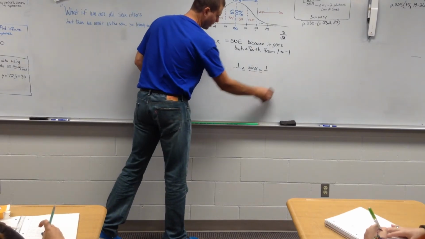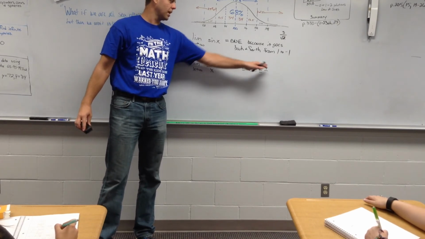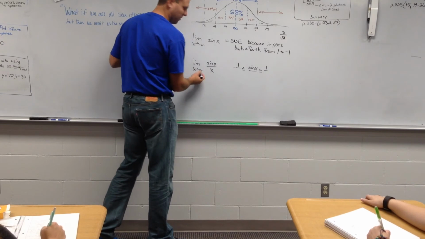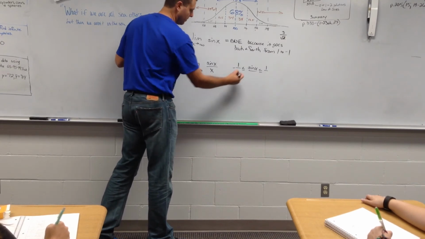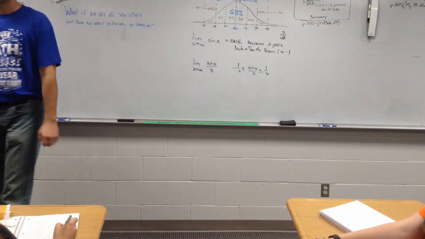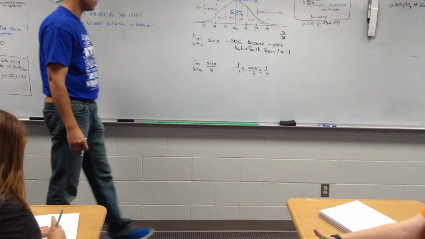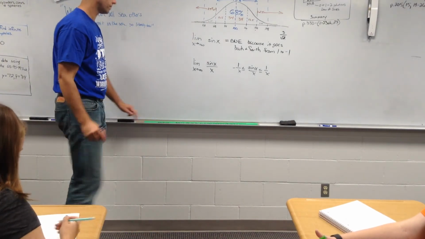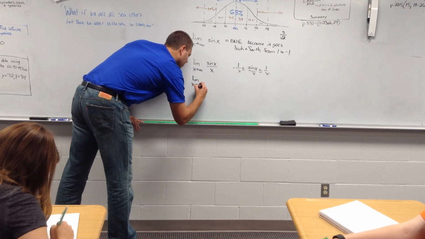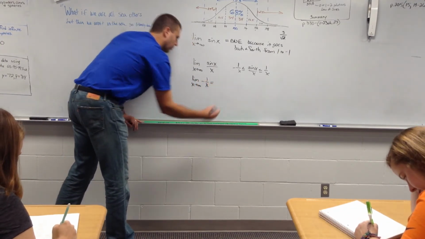First of all, you would agree that this is true: sine of x is always between -1 and +1. Yep. So therefore, since x is positive, if I divide everything by x, this is also still true, right? Yeah. The inequalities don't change because I'm dividing by a positive number. And we know that the limit as x approaches infinity of -1 over x equals what?